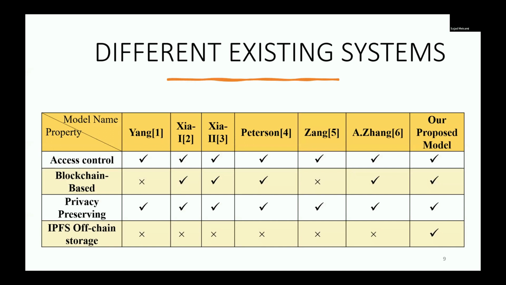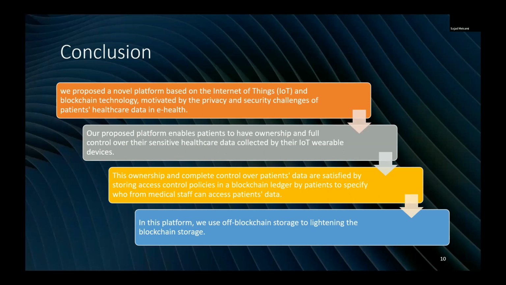But I think our model is more efficient because we use other methods for the consensus algorithm in the blockchain, which is more efficient. And we use the IPFS as off-chain storage, which makes it a totally distributed system, really compatible with today's applications. There is no single point of failure, and no third party even for off-chain storage. So I think it's more efficient.